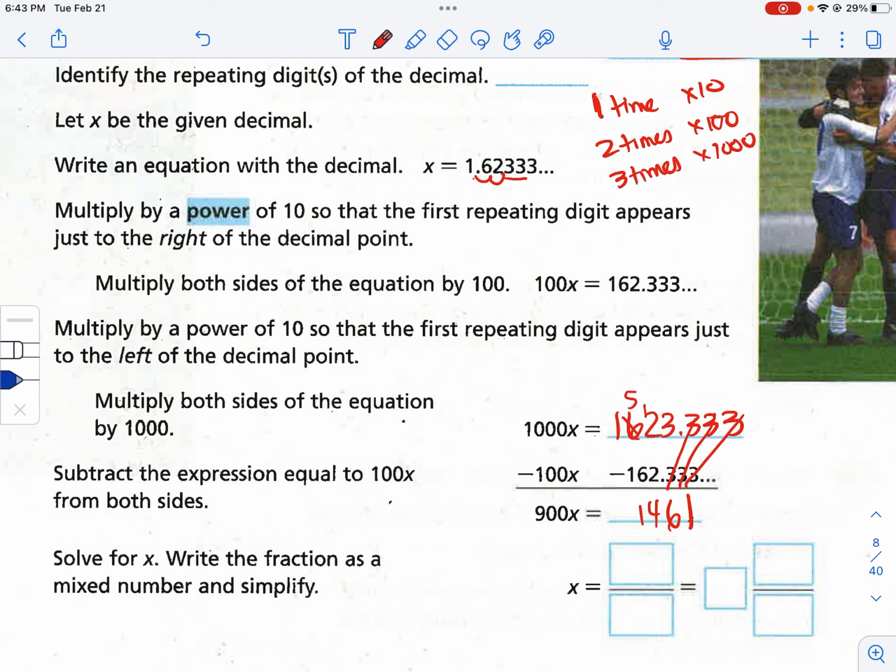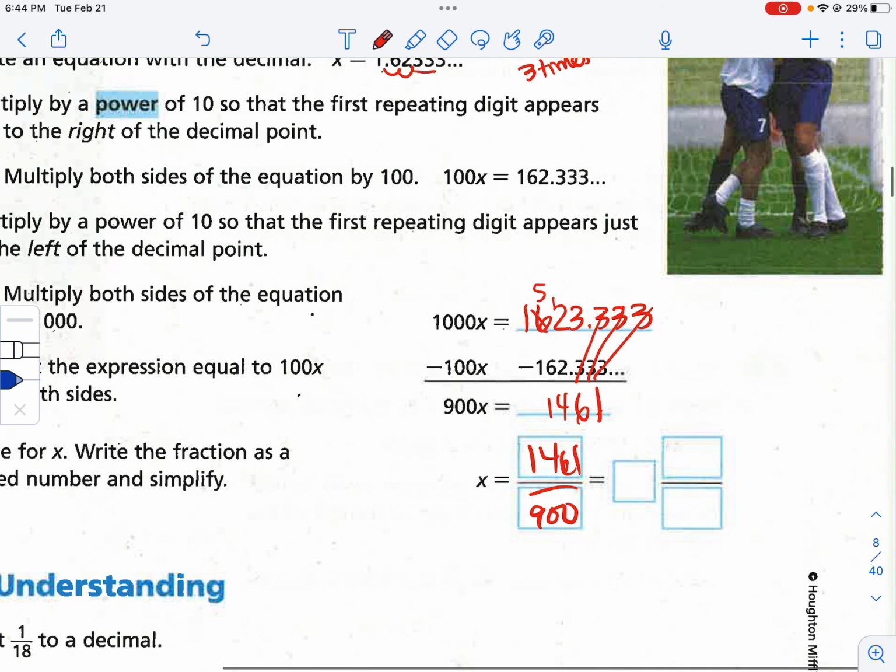Yeah, I got it right. So I have 1461 divided by 900. I can divide that, let's see, by 3. Oh, it wants you to write it in a mixed number. I hate mixed numbers.